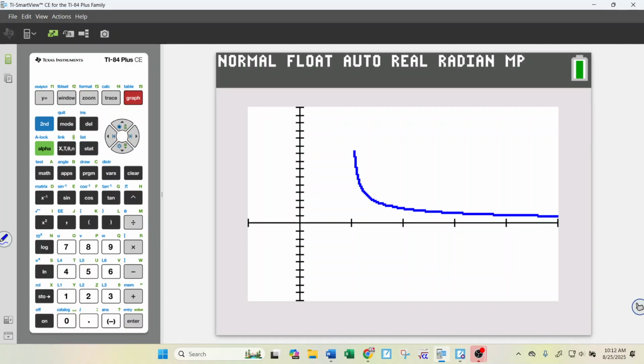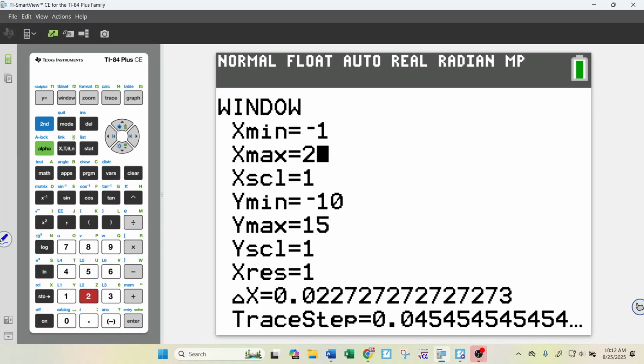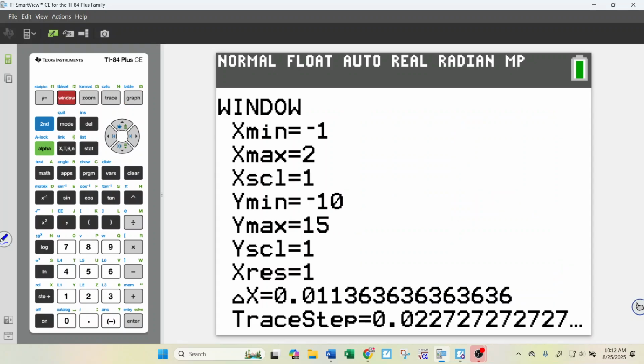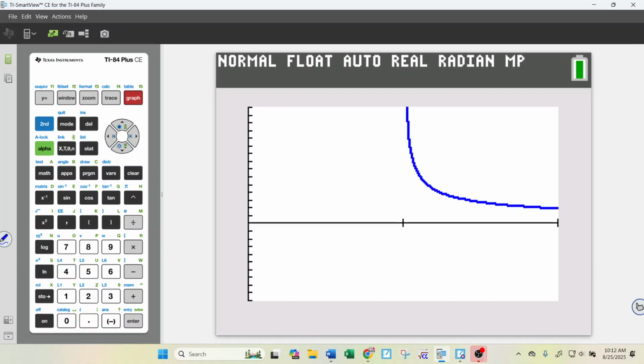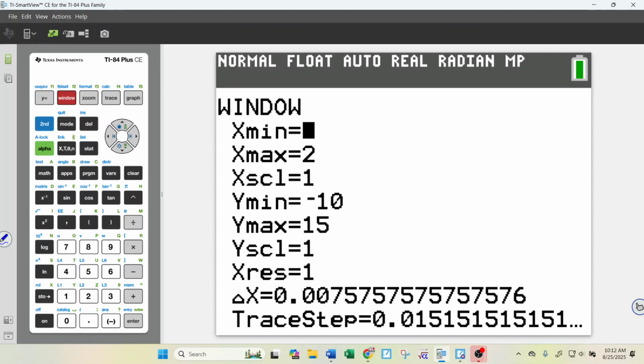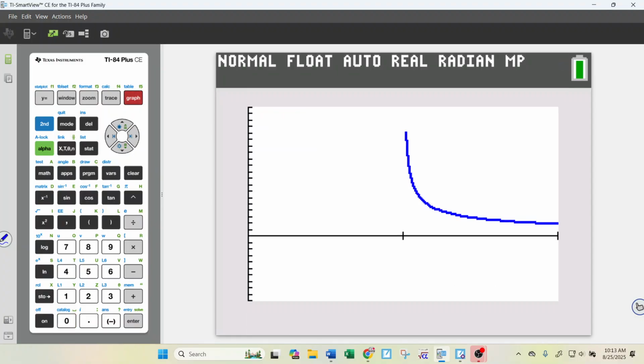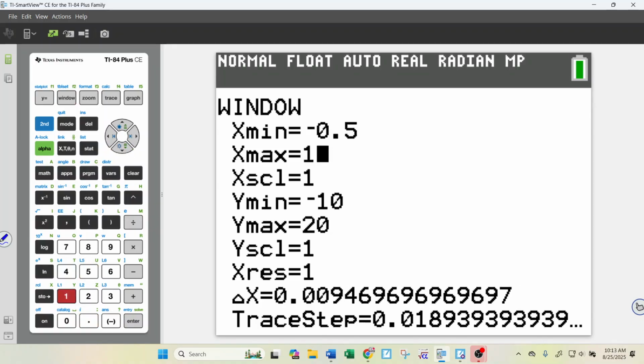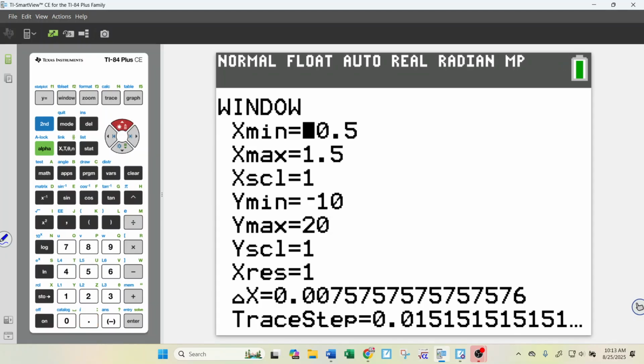What if I make this go to 2? Does it go higher? Maybe I make this 0. You see how it keeps going higher? That tells me that this goes up forever. And who knows, if I go higher right here, I may be able to see even higher. So by just changing the window, it gives you an idea.